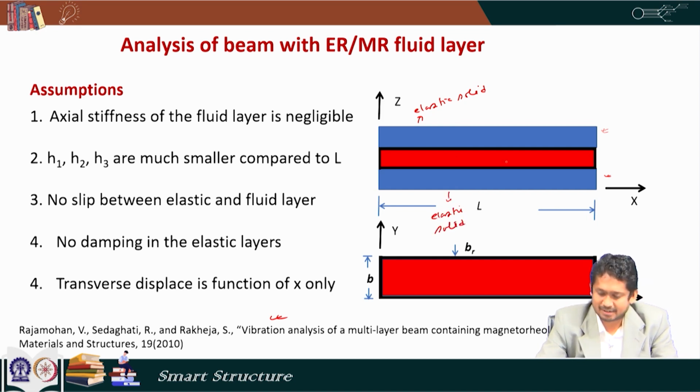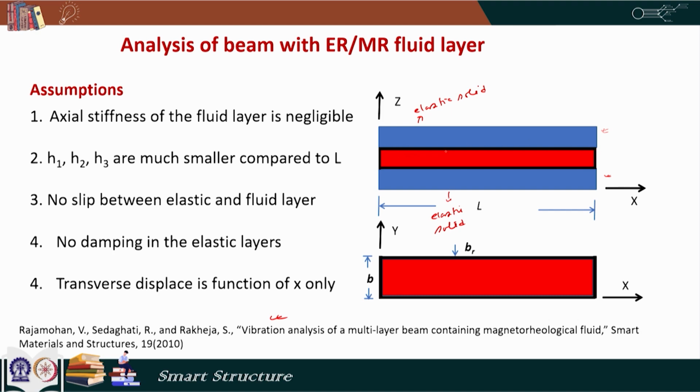The mid layer, at the core of the mid layer we have this red zone, which is ER or MR fluid, and this fluid is covered by, I would say, a box made of rubber.